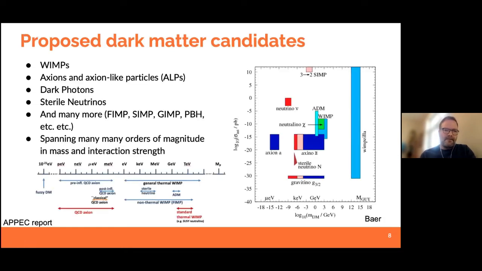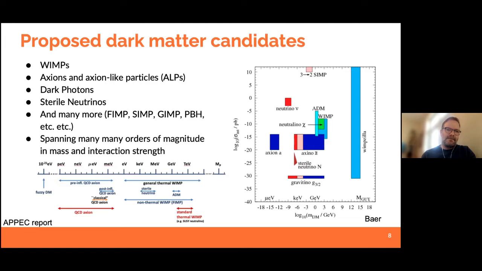So what could dark matter be? There's quite a variety of proposed dark matter candidates, and the most prominent probably is still the WIMP, the weakly interacting massive particles. But WIMPs are by far not the only proposed dark matter candidates around.